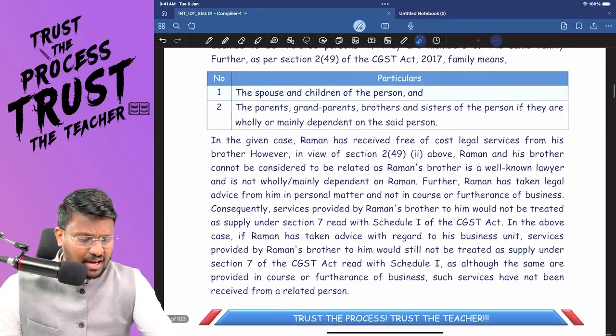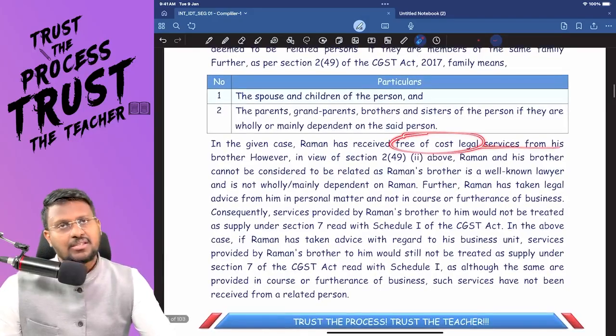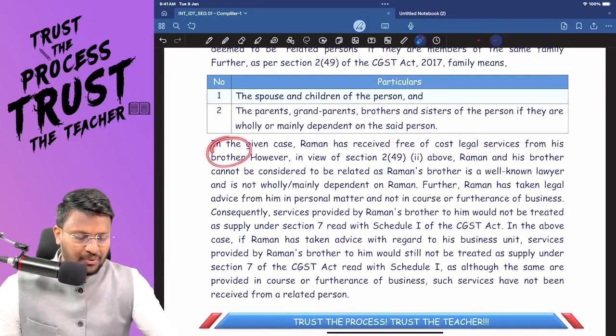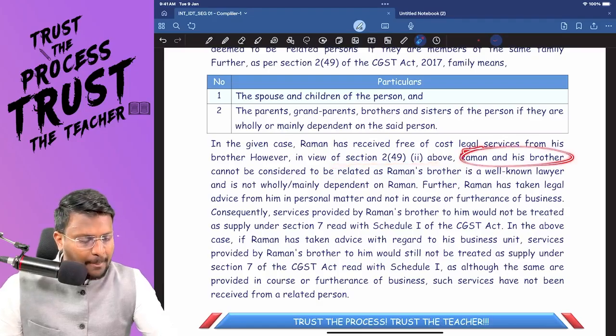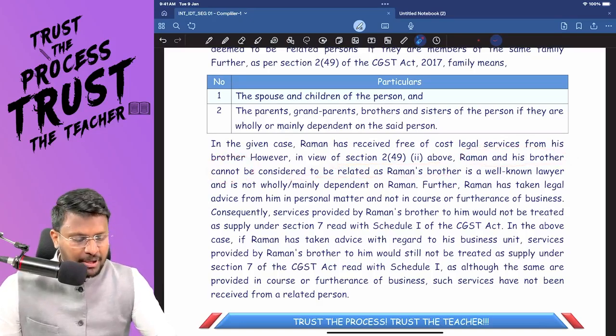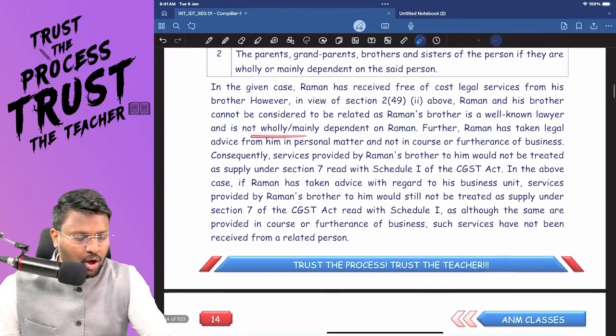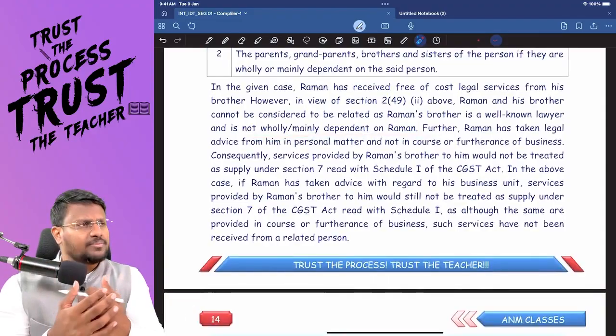In the given case, Raman has received what free of cost? What services? From his brother. However, in view of section 2(49) above, Raman and his brother cannot be considered related persons, because Raman's brother is a well-known lawyer and not wholly or mainly dependent on whom? So they are not at all a what person?